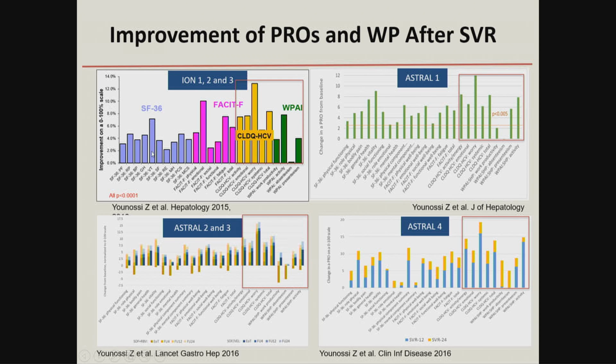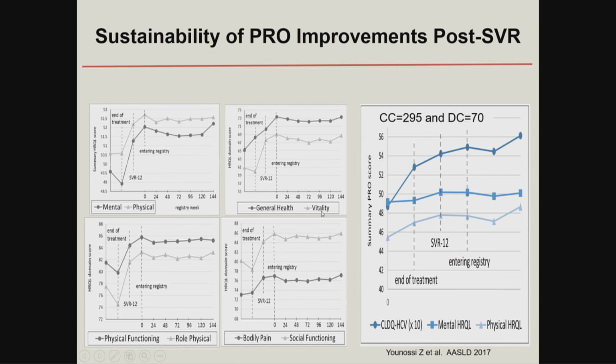So a bar graph that goes on the positive side suggests improvement of PROs. And as you can see, with all of these regimens, sustained virologic response is, generally speaking, associated with significant improvement of different aspects of quality of life.